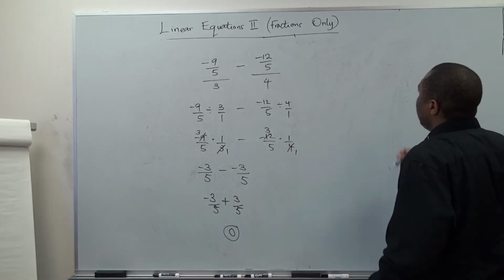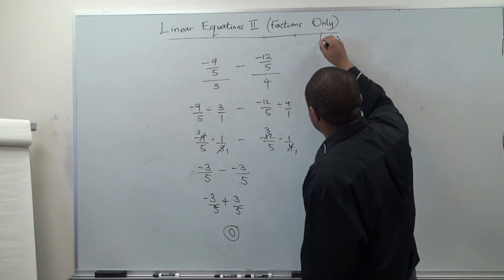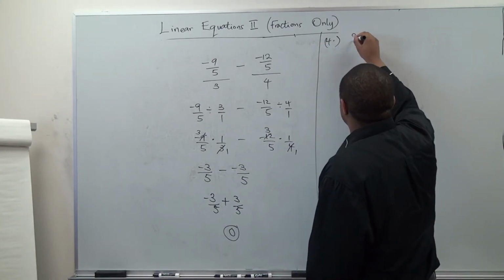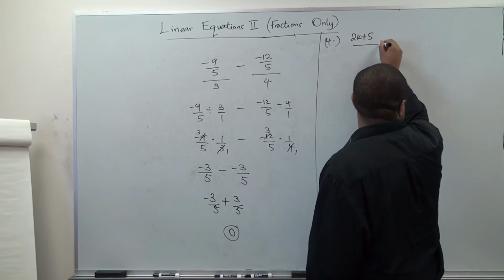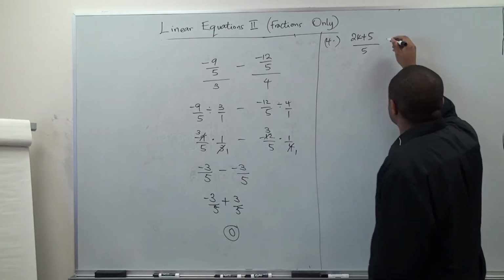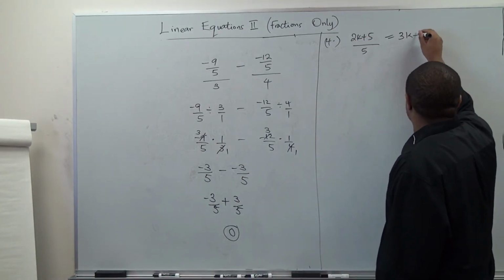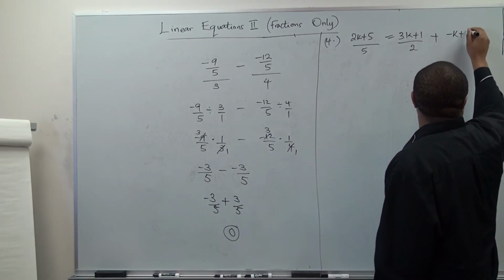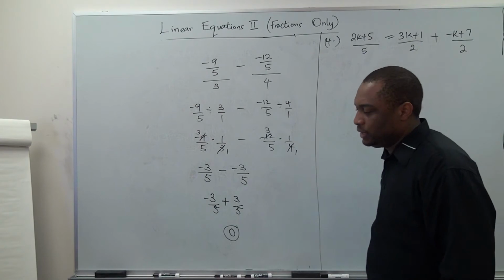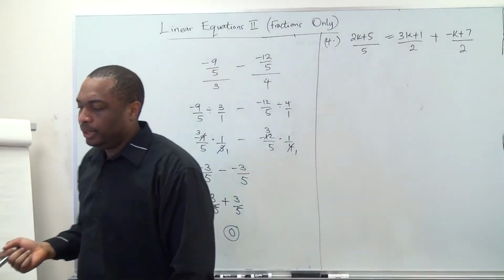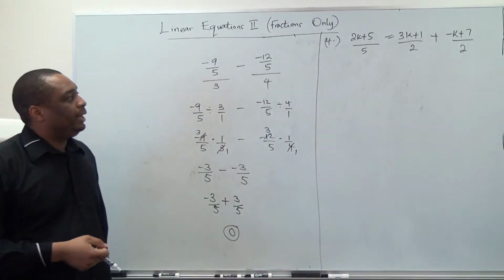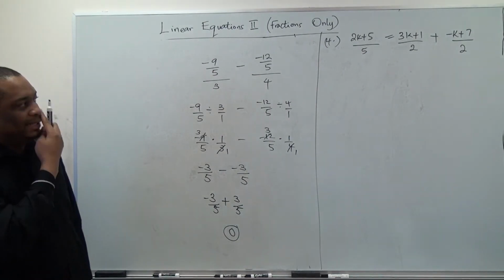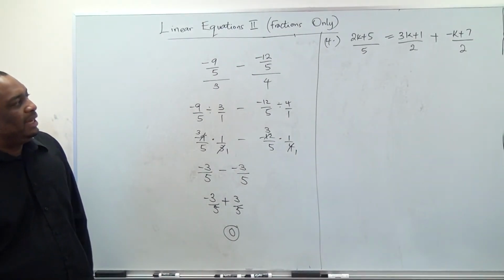Okay, number 4. We have (2k + 5)/5 = (3k + 1)/2 + (-k + 7)/2. The same thing is what we do here. We find the LCD and use it to clear the fractions.